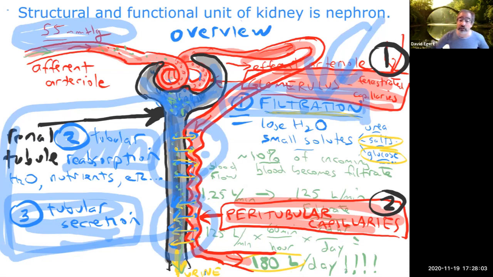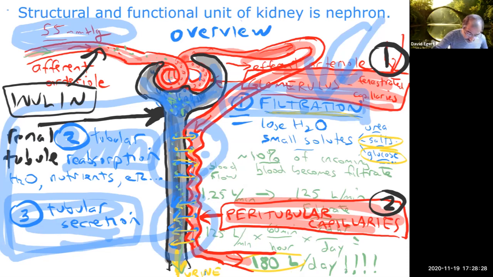If you want a more accurate readout of glomerular filtration rate, there's this cool thing where there's this sugar called inulin. If you put inulin in, it gets here, and it is not absorbed or secreted.